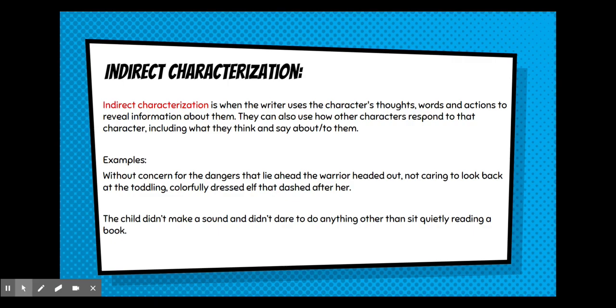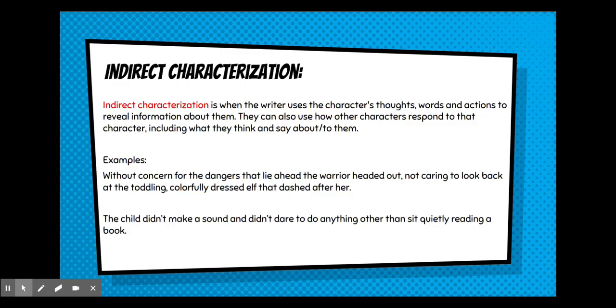But instead of outright coming and saying this, the narrator or author here is describing what is happening to these characters by what they say or what they do or what they look like. This would be an example of indirect characterization because the reader has to do some inferencing to figure out what the writer is trying to say about the character.